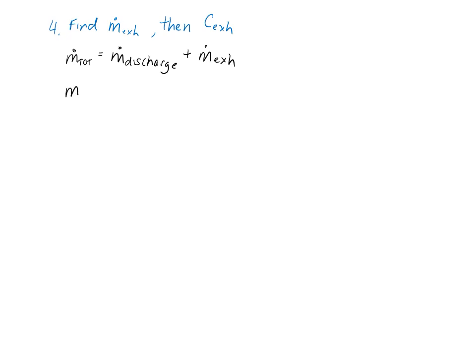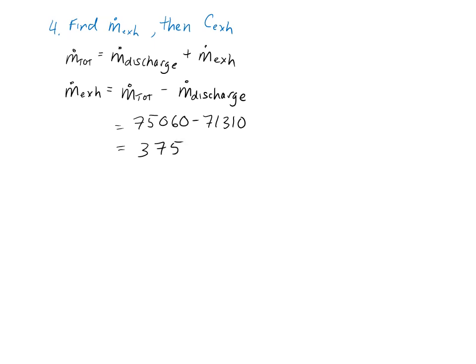So that means that our mass flow rate in the exhaust is equal to our total mass flow rate minus that in the discharge. That equals 75,060 minus 71,310, or 3,750 grains per minute.